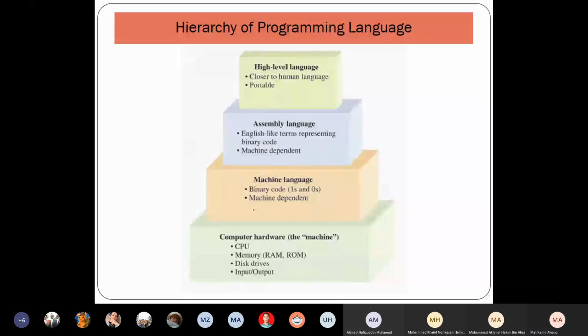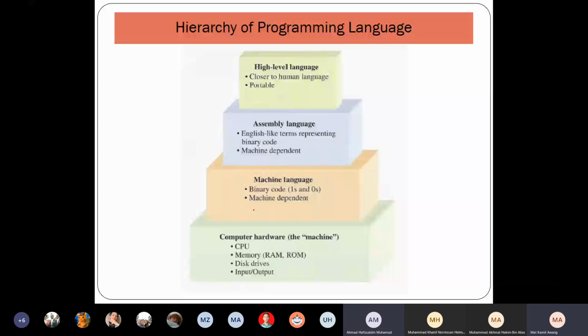Then if you go lower, you go into the hardware level already, where one is maybe a voltage, 5 volt or 2.5 volt, and zero is maybe minus 5 volt or minus 2.5 or maybe zero.